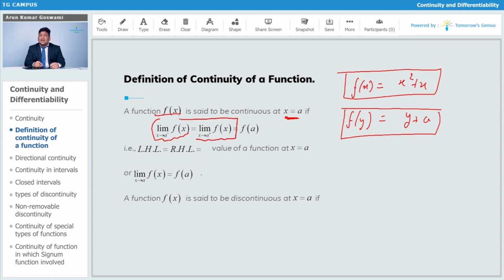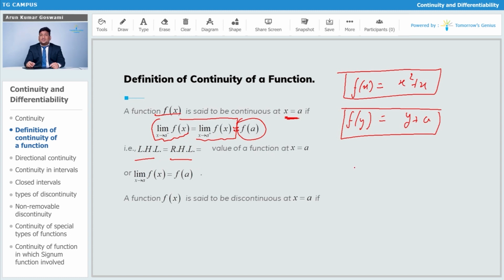This says that my function exists, and when this limit is equal to f of a at that particular point, it means my function is continuous. Mathematically we can prove it this way. You already know the meaning of limit x tends to a negative and limit x tends to a positive: my left hand limit and right hand limit should be equal, and that should be equal to the value of the function at that point.